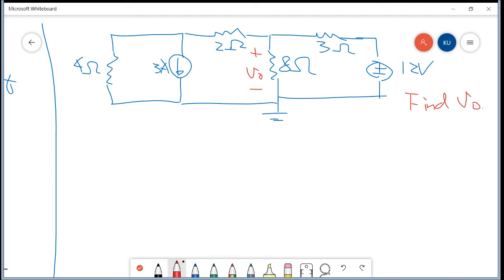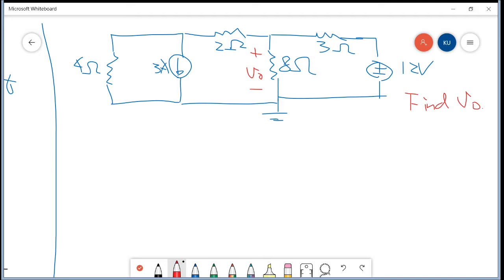Okay, so we can actually use source transformation to solve it.